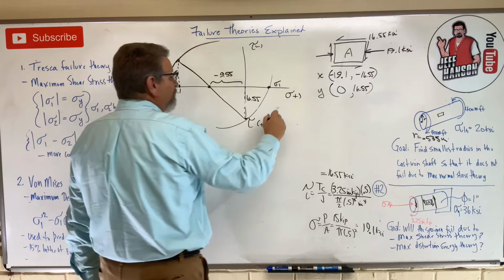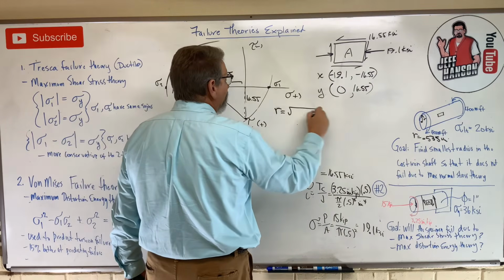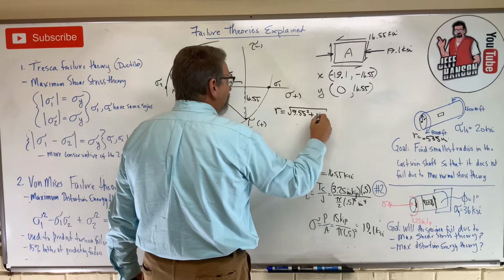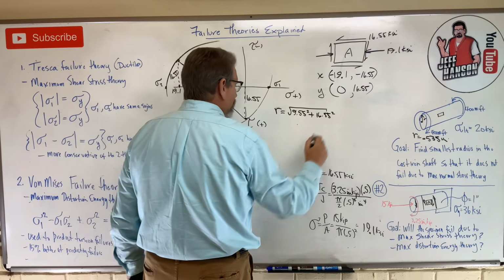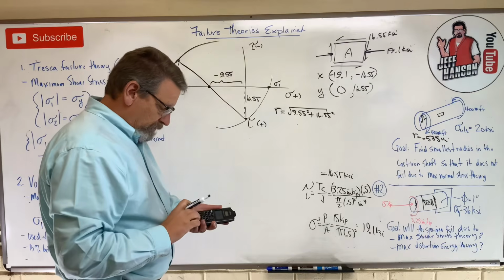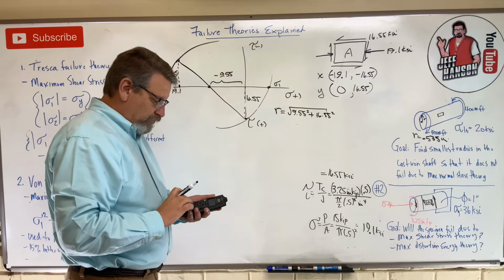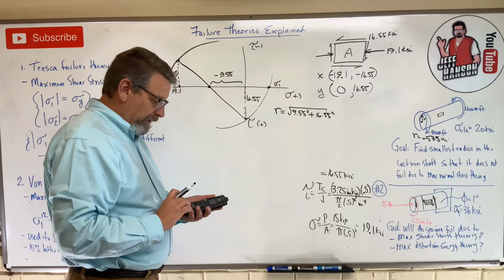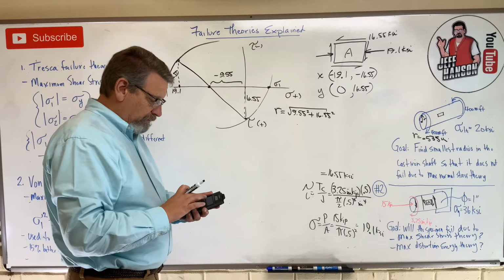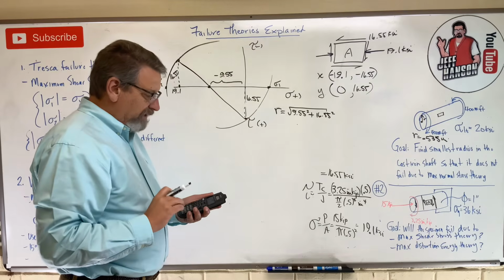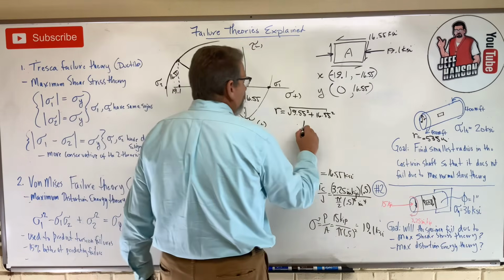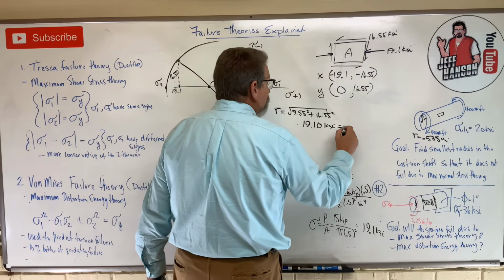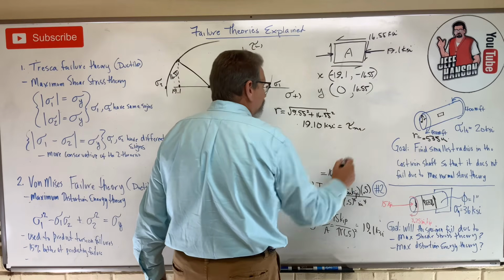Okay, so let's calculate our radius, which is 9.55 squared plus 16.55 squared, square root, equals 19.10 KSI. And guess what? That's tau max, isn't it?